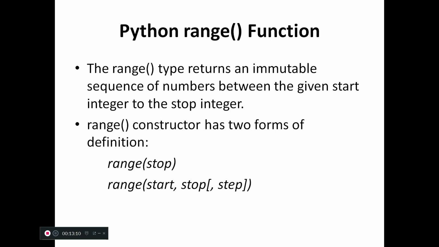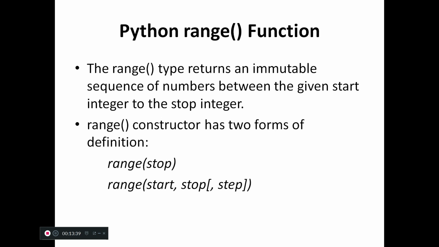Start is the integer from which the sequence is to be returned, and stop is the integer before which the sequence is to be returned. The range of integers ends at stop minus 1, and step is an optional integer value which determines the increment between each integer in the sequence.